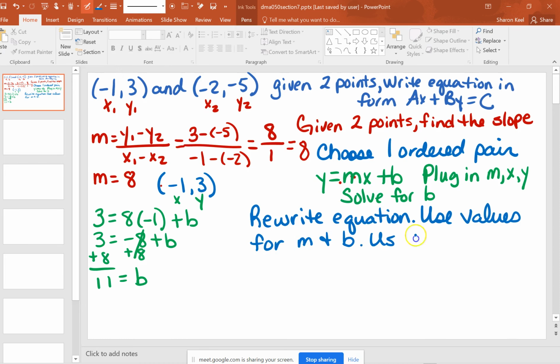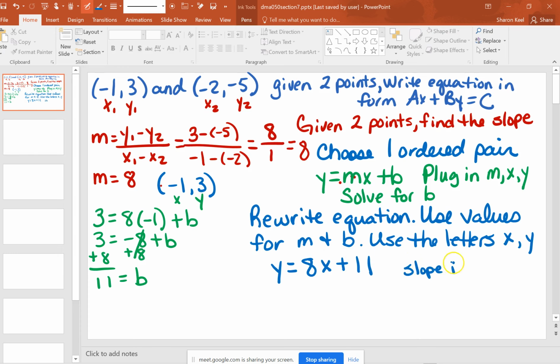I'm going to use the letters x and y. I'm not going to substitute numbers. So now what I have is y equals, m was 8, the letter x, and b is a positive 11. So this is the equation in slope-intercept form.